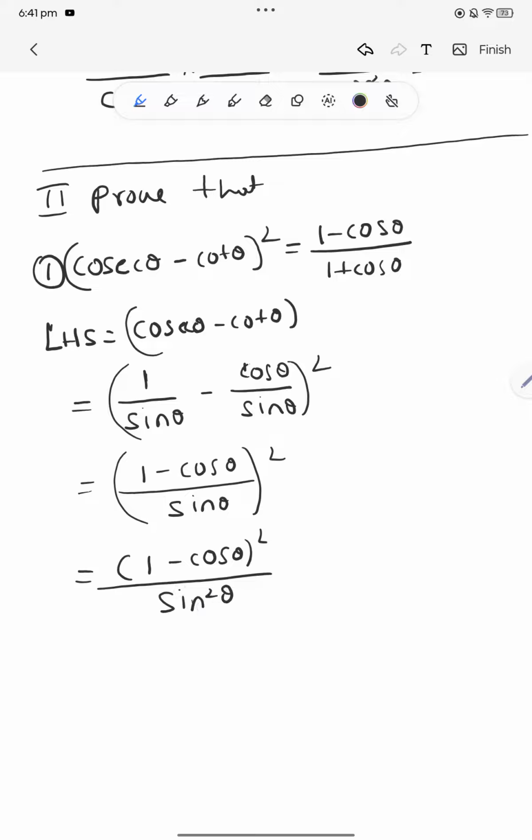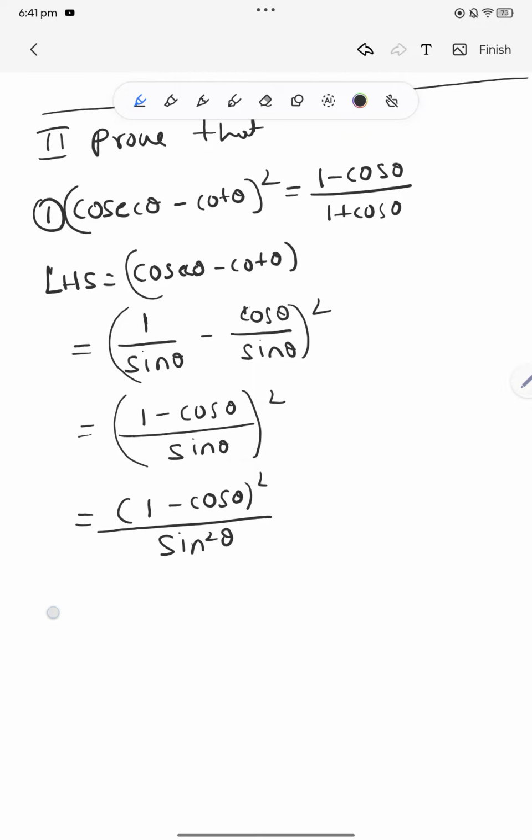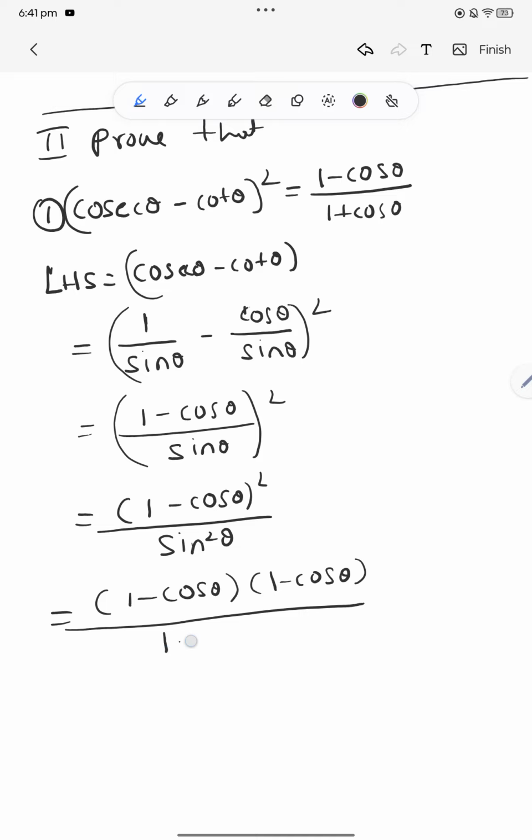The square applies to both the numerator and the denominator. Sin square theta we can write as 1 minus cos square theta. That is the first identity: sin square theta plus cos square theta is equal to 1, so sin square theta is equal to 1 minus cos square theta.